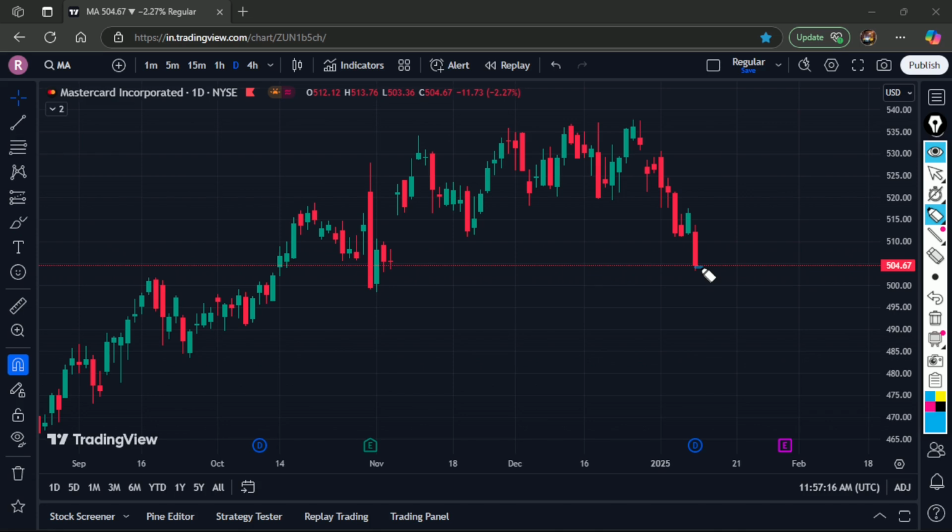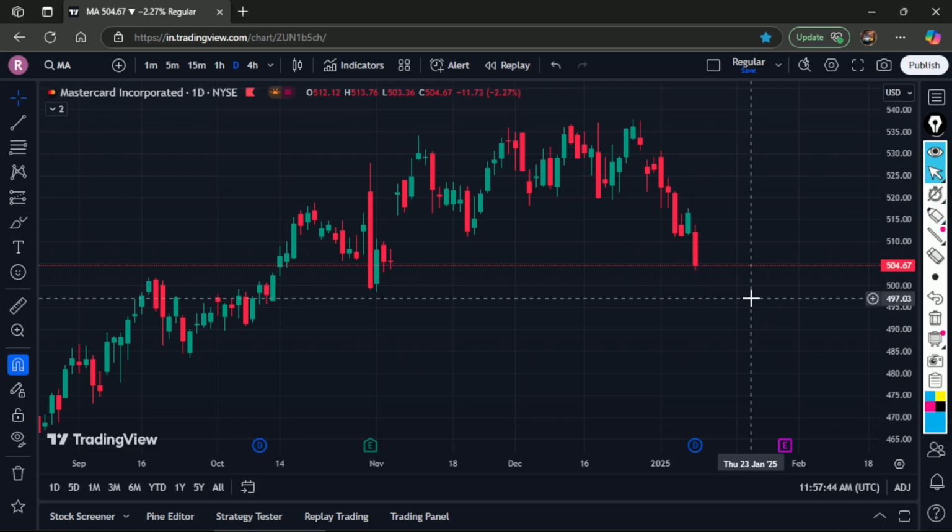If it opens near this level and tries to go to the selling side, and after this a buying scenario is seen near this level, then I am more interested in buying near this level rather than selling, because sellers are trying near this level. Selling pressure has come near a very upper level, so instead of selling more, I am more interested in the buying side for now in MA. Let's see how things unfold here also.